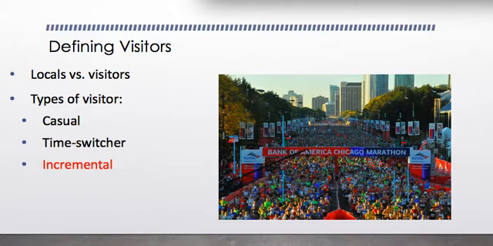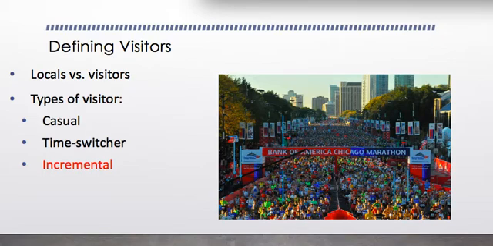Maybe it's a conference or maybe they're in town for a family wedding. And while they're there, they decide they're going to attend a sporting event. So for a casual visitor, for assessing economic impact, we only want to assess that event-related spending, otherwise known as incremental spending, right? Anything that they spent above and beyond what they would have spent anyway for coming to town, right?